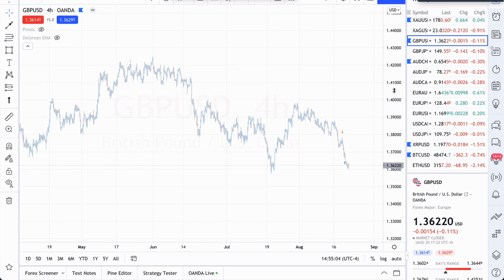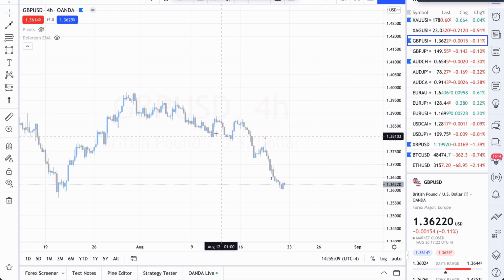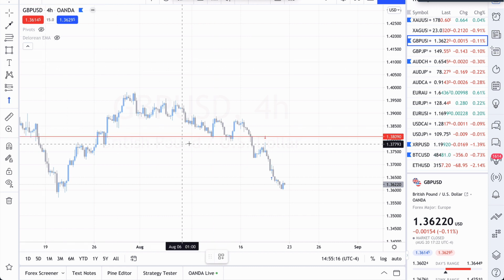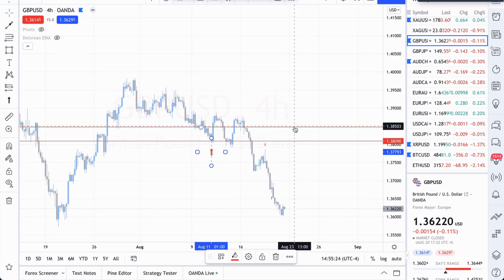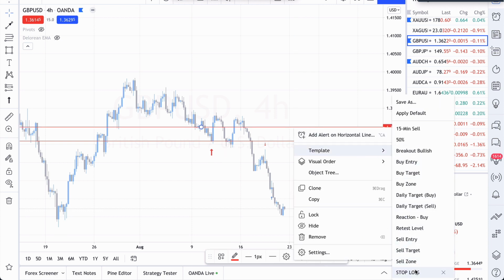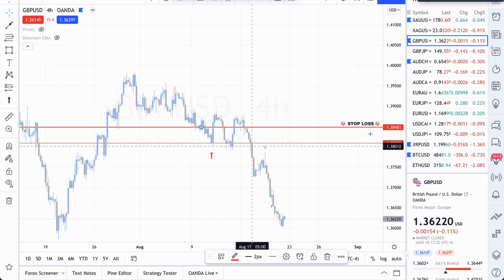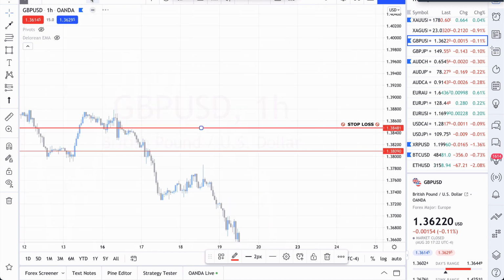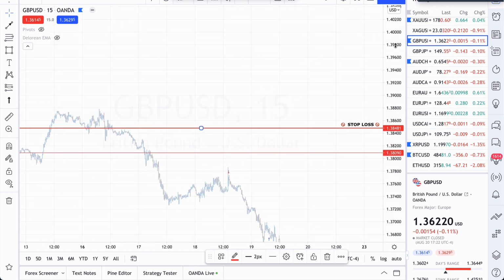All right. So let's say on this move down, this is our entry right here. We enter here. Let's say you put the stop loss here. Most people trade on shorter time frames.